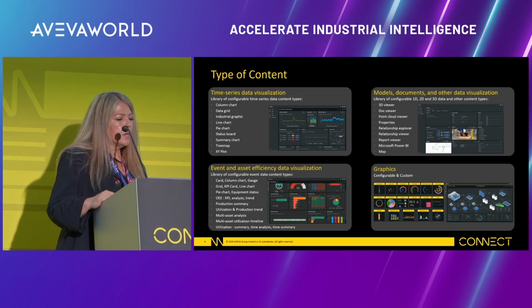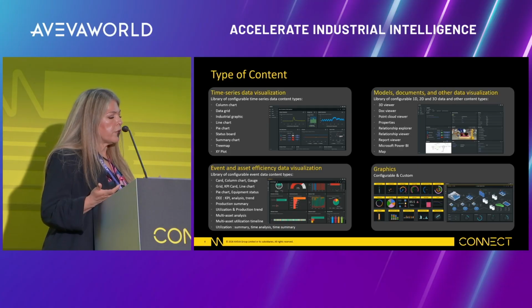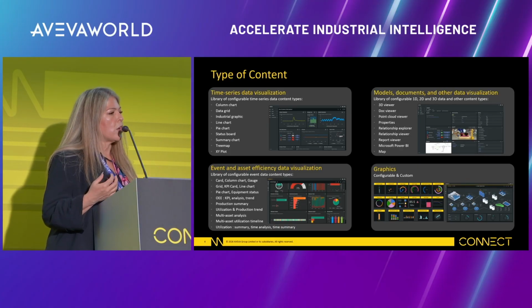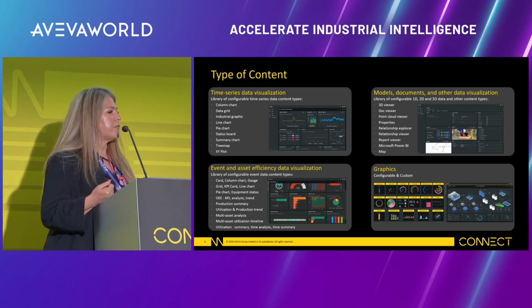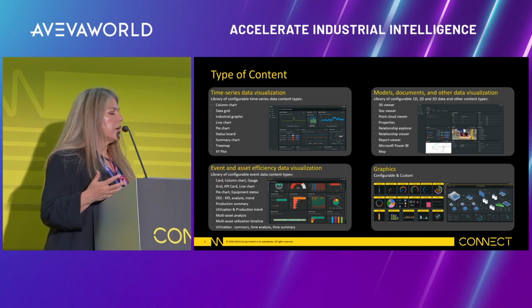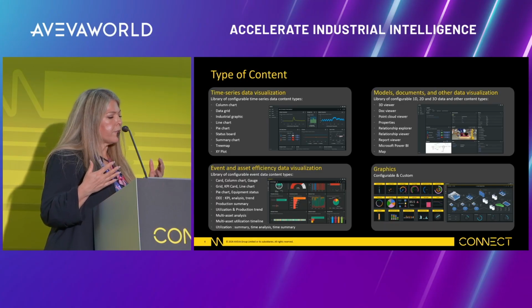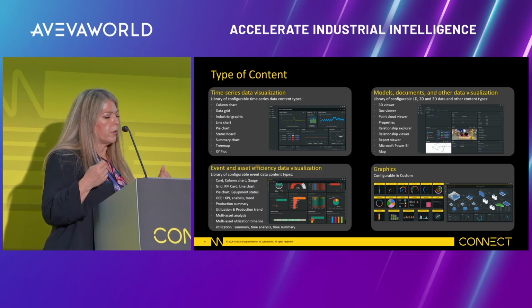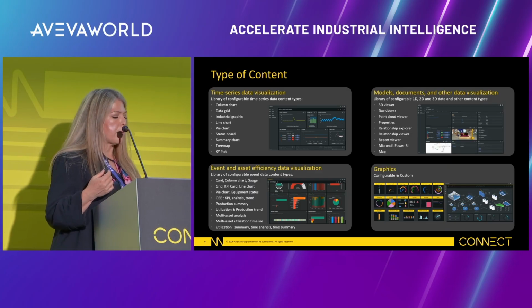Okay. So within visualization services, we have categories of delivered technology, what we call widgets and graphics, that come with the platform out of the box. So we have our time series, everything from a grid dashboard to a pie graph to an XY plot.